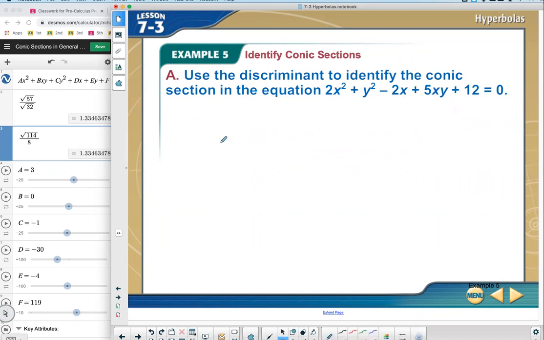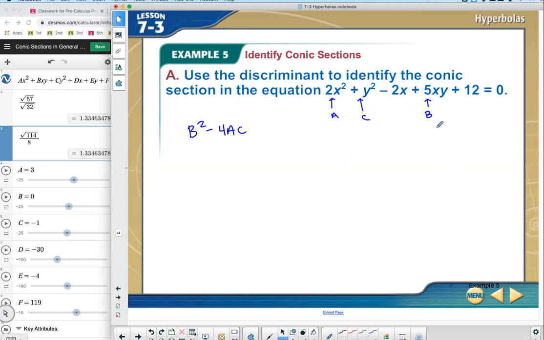You would say, here's the formula, b squared minus 4ac. That's what we're looking at. And so I will label, this is my b right here, the number of x y's. A is the number of x squareds. C is the number of y squareds.